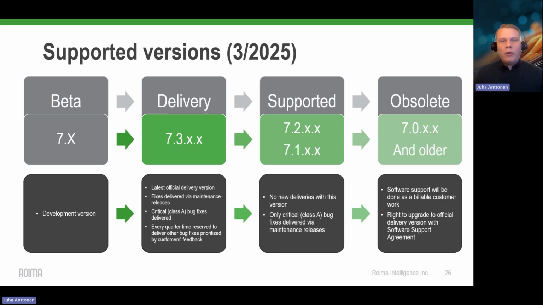But if you are an on-premise user, then it's good to note that we are going to start delivering Aton 7.3 soon, and after that the supported versions will be 7.2 and 7.1, and all the older versions of Aton are no longer supported.